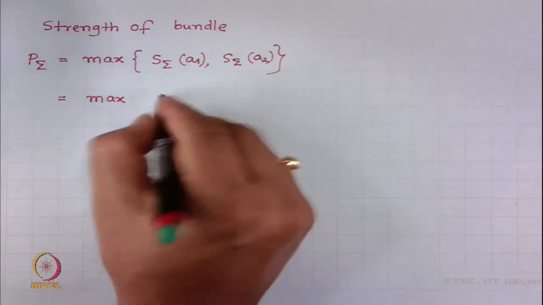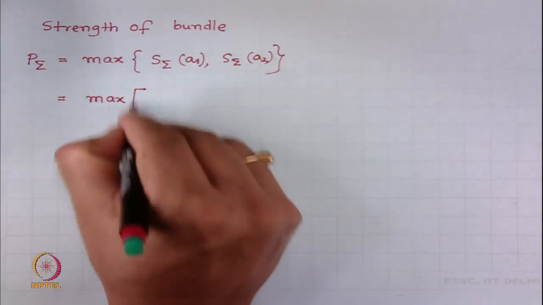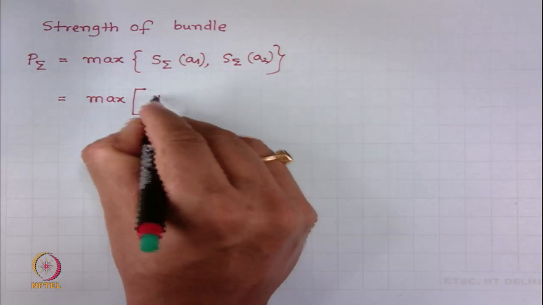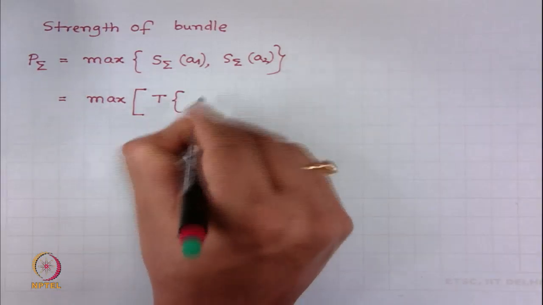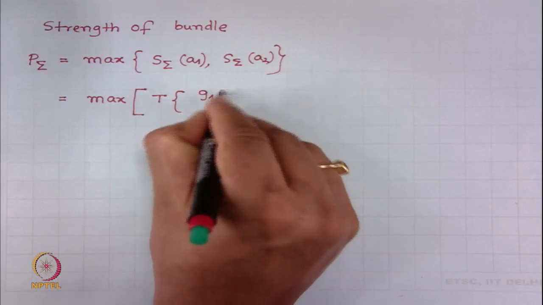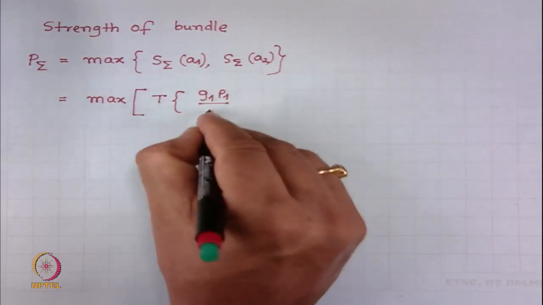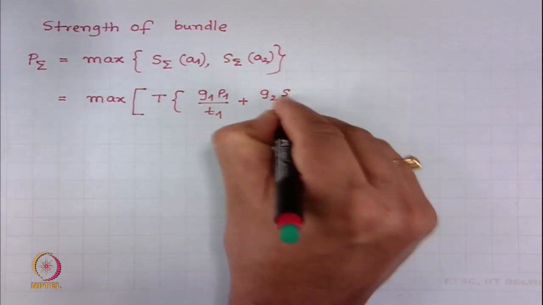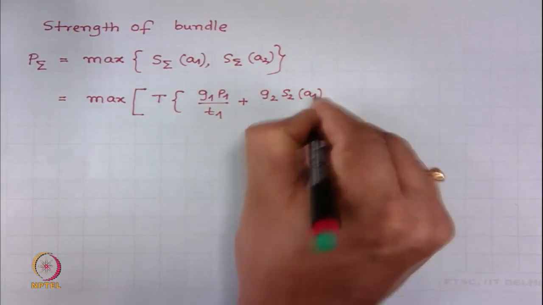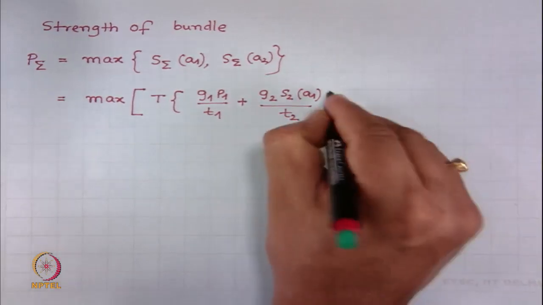Maximum of capital T G1 P1 by T1 plus G2 S2 A1 by T2.